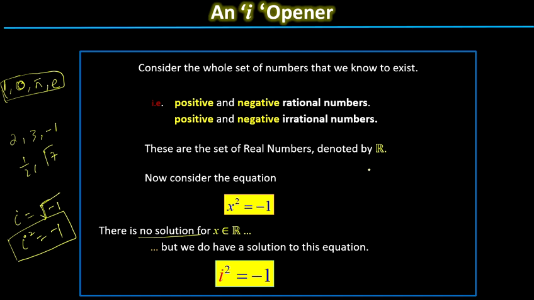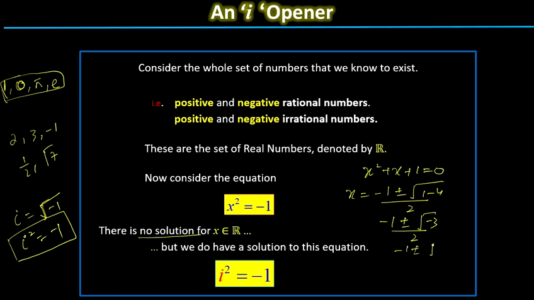For example, if I ask you to solve x² + x + 1 = 0, you apply the quadratic formula, and what are you getting here? (-1 ± √-3)/2. You see here again a negative part. So I can substitute this √-3 as √3 × √-1, and that √-1 can be replaced by iota.